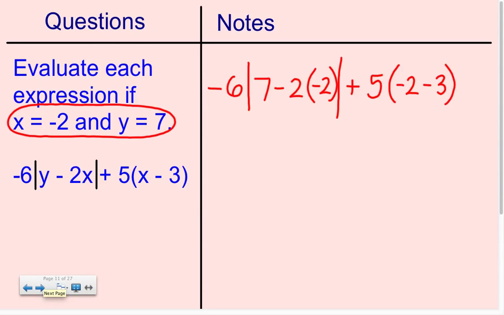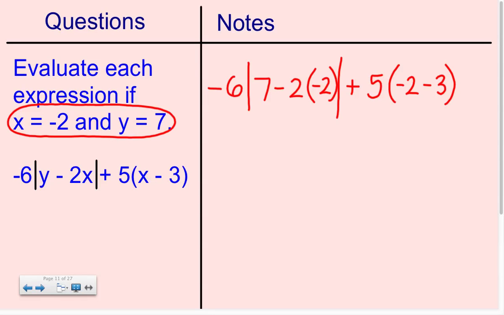Now this time, it's kind of like we have two sets of parentheses, because we have our absolute value and we have our actual parenthesis. So I'm still going to work with my absolute value first, and then I'll do my parenthesis after, but it doesn't matter which one.